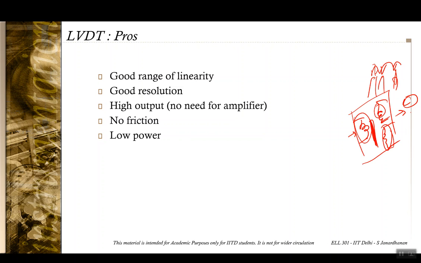There is no necessity of electrical connection between the moving part and the rest of the circuitry, so there is no friction. And since basically this is a transformer, the power loss is much less. So this LVDT as such will not consume much power, except for the power that is required for the display.